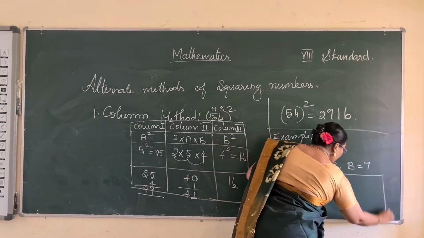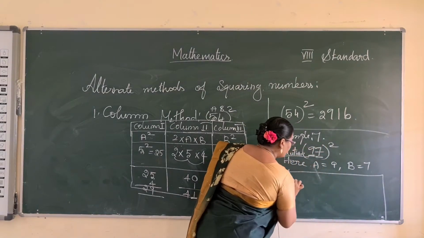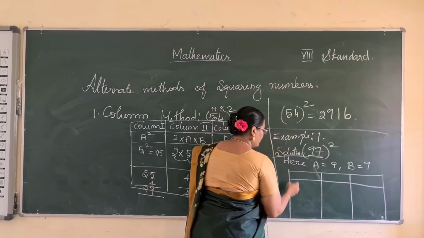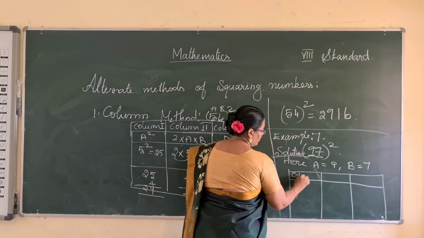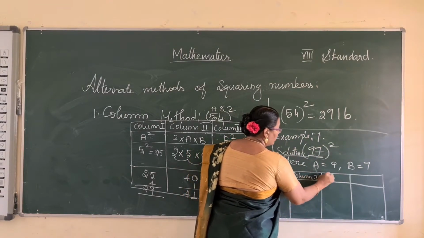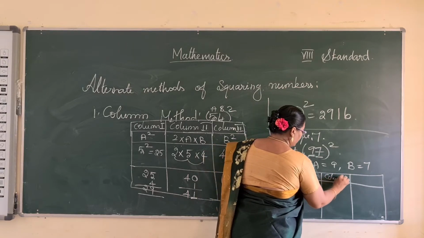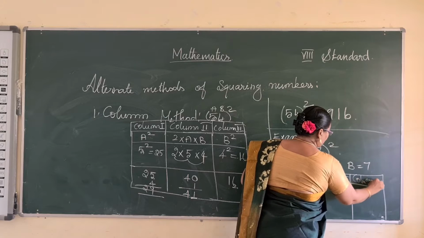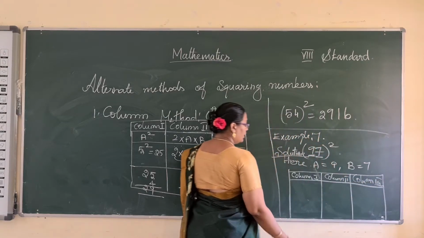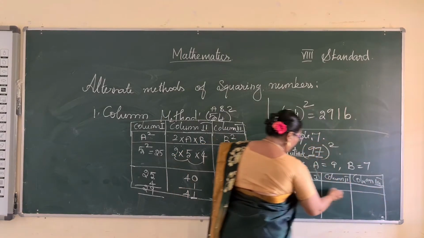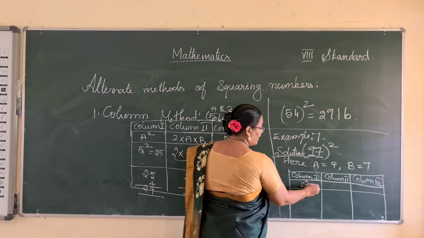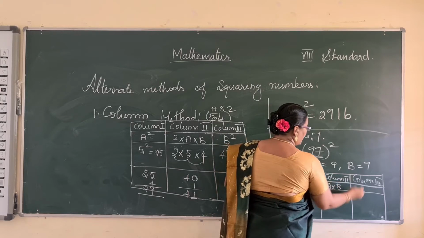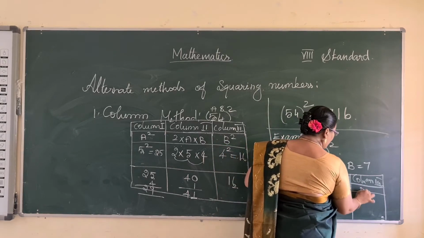Now draw the columns: column 1, column 2, column 3. Write column 1 as a squared, column 2 as 2 into a into b, and column 3 as b squared.